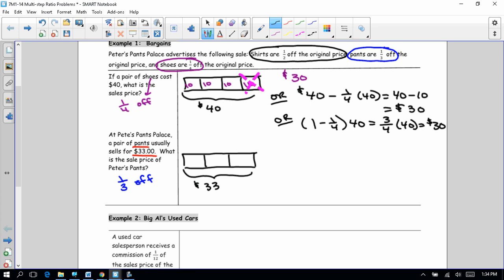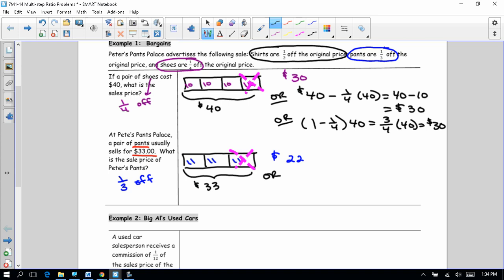So if I take my 33, break it into equal pieces, equal parts, they'd be $11 in each part, right? 11 plus 11 plus 11 is 33. I'm going to take 1/3 of it off. And what do I have left? $22.